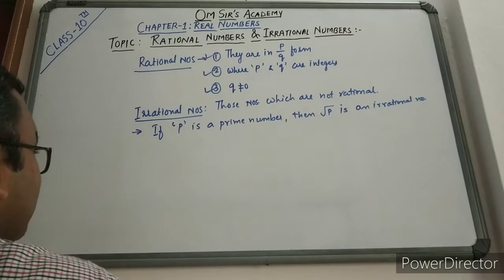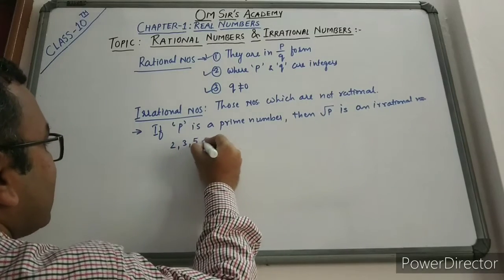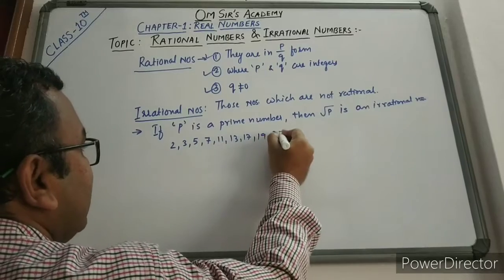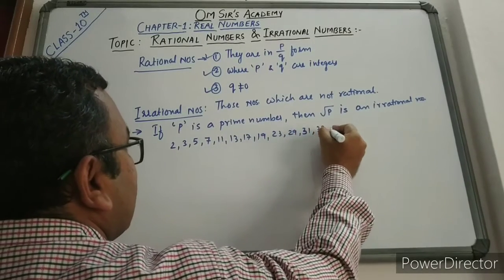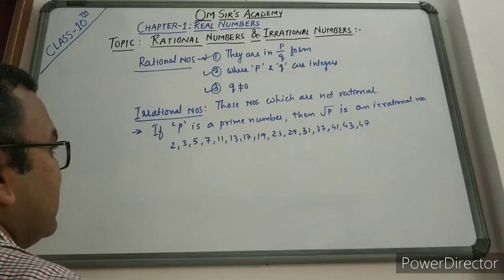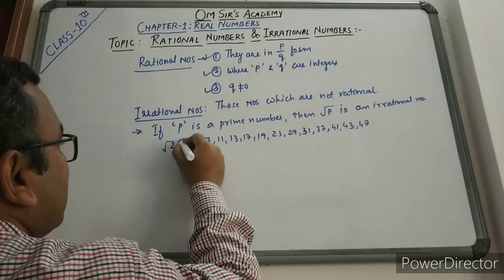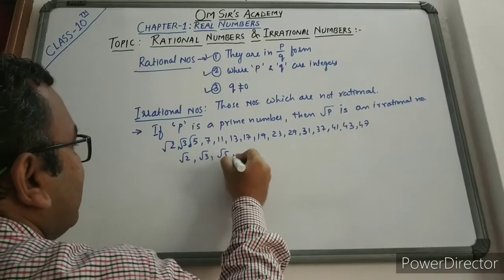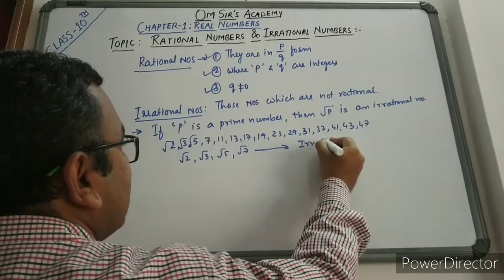Which are the prime numbers? The prime numbers start from 2, 3, 5, 7, 11, 13, 17, 19, 23, 29, 31, 37, 41, 43, 47. These are all primes. So if I put a root over here, that is root 2, root 3, root 5, root 7, these all will be irrational numbers.